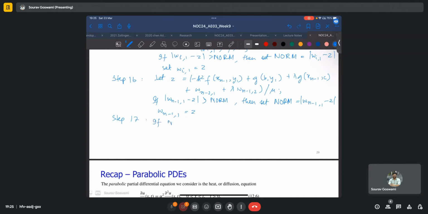Now, if this norm is less than or equal to our desired tolerance, then do steps 18 and 19.